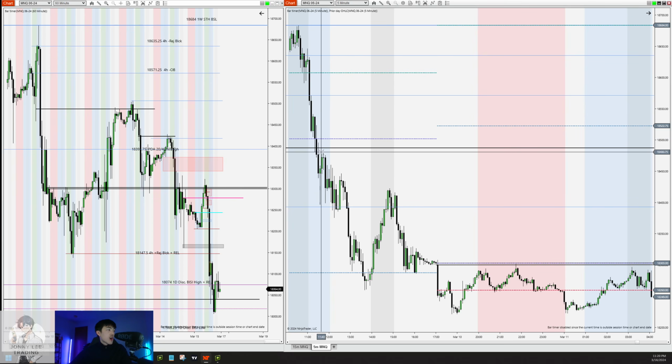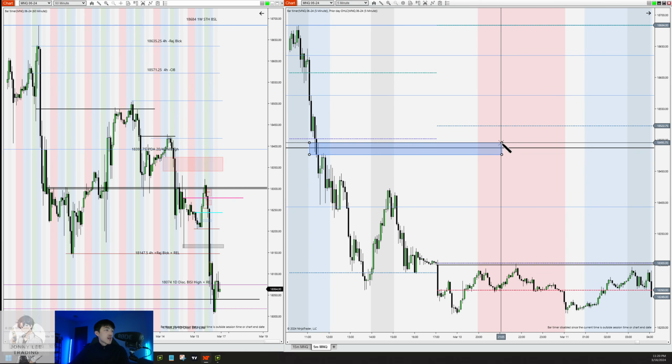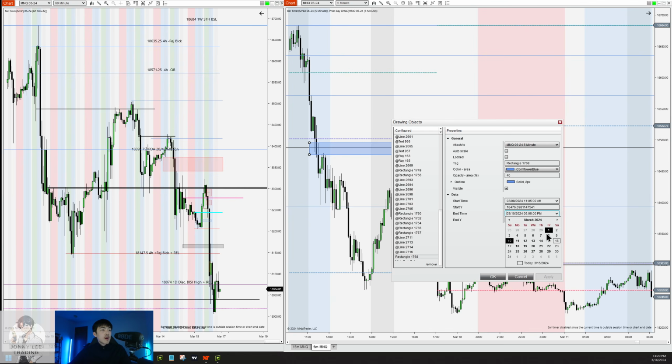One also could target this up wick. Now, wicks can be treated as fair value gaps as well, especially when they're above a short-term high here. So let's assume that we found our 5-minute fair value gap, which is price action, going all the way to our day here.